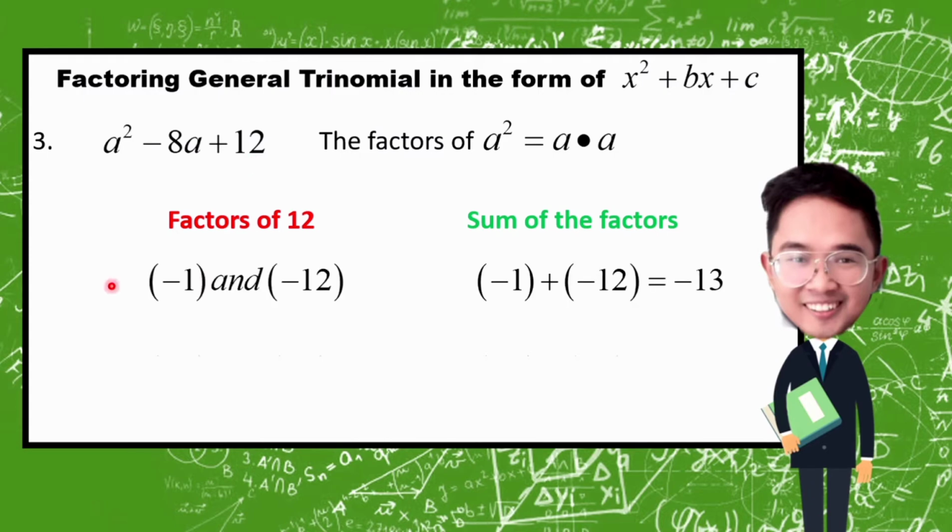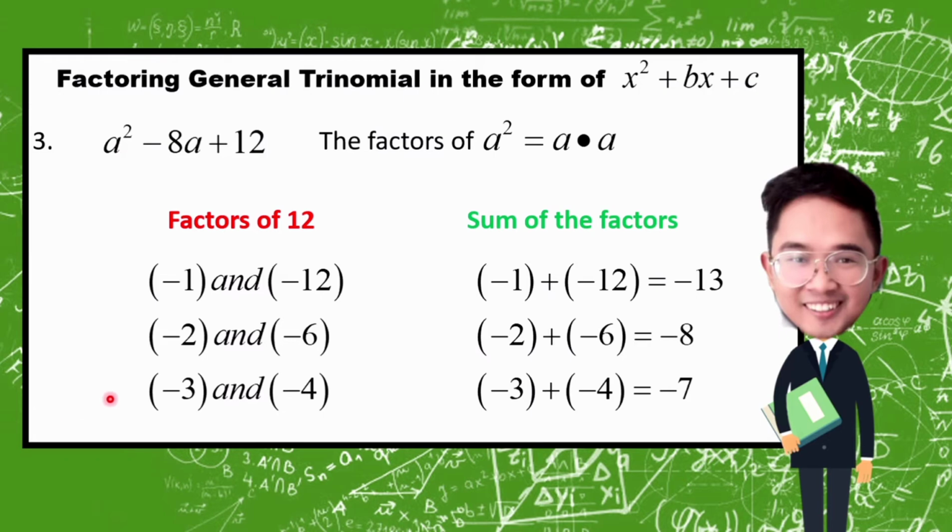The first factors of 12 are negative 1 and negative 12. The sum of negative 1 and negative 12 is negative 13. Negative 2 and negative 6 are the other factors of 12, wherein the sum of negative 2 and negative 6 is negative 8. And lastly, negative 3 and negative 4, whose sum is negative 7. As you can see here, we do not list all the factors of 12.